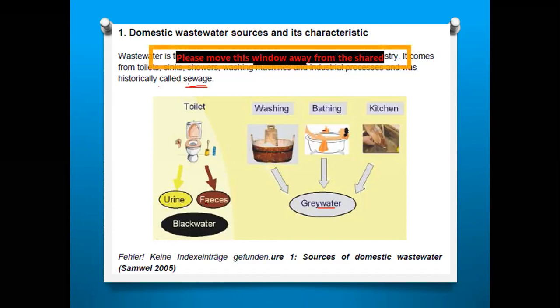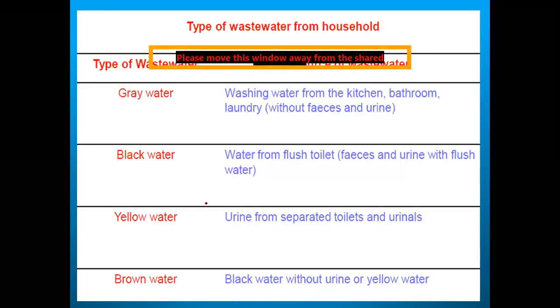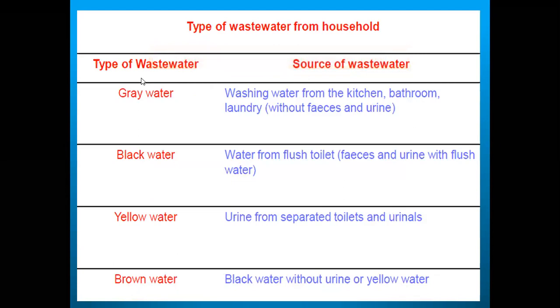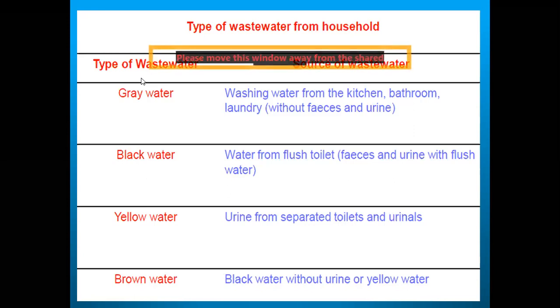Now if you see the types of water coming from the household, it is categorized into 4 types. What are these 4 types here? See here. So the grey water, we are calling the first one as a grey water, black water, yellow water, and brown water. What is the grey water? So the waste coming from kitchen, bathroom, laundry, except urine and feces, we are calling them as a grey water.